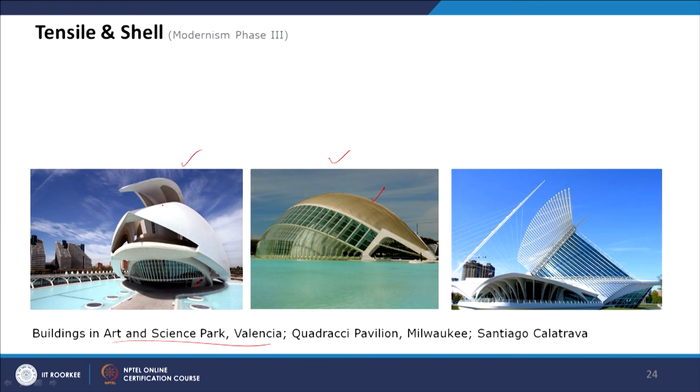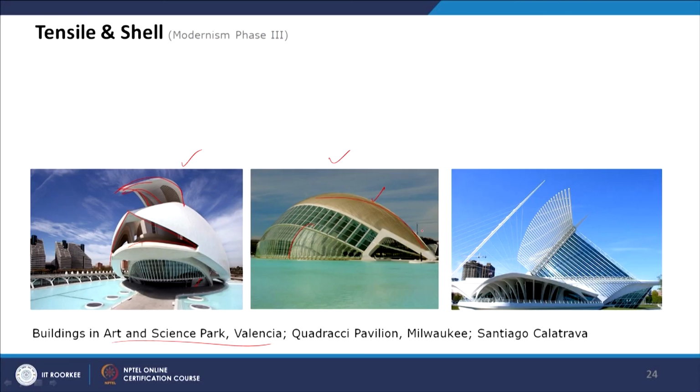If you look, a lot of shell structure was used, with dynamic forms and different curves, and this is definitely not minimalist. A lot of elements come within the structure, and some elements are just aesthetic elements, also taking the structural load, but without any direct functional purpose. So a lot of exaggerated forms are there.